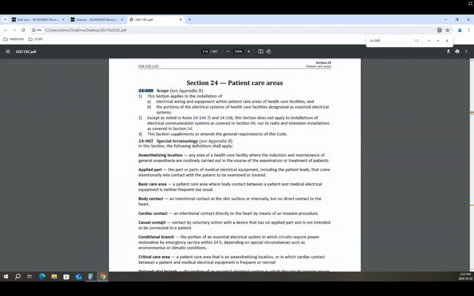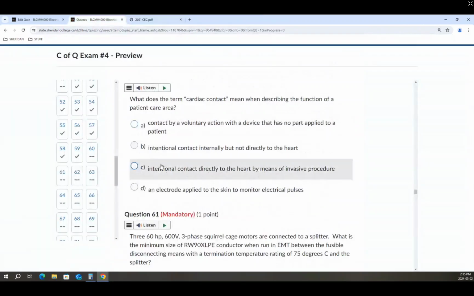So it's in the definitions or terminology for the section, not for the whole code book. I was looking for it in the definitions for the whole book. So cardiac contact: intentional contact directly to the heart by means of an invasive procedure.